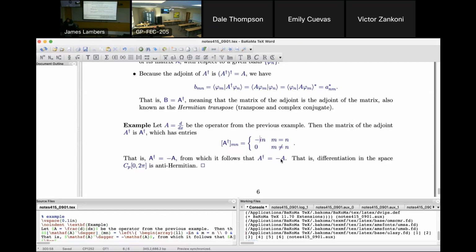minus the derivative. Which actually makes sense when you think about it, because if you recall an example where I worked with a second derivative operator, I performed integration by parts twice. If it was a first derivative operator, I would only use integration by parts once. Other than that, things will work out pretty much the same. But remember, your integration by parts formula is the integral of u dv equals uv minus the integral of v du.